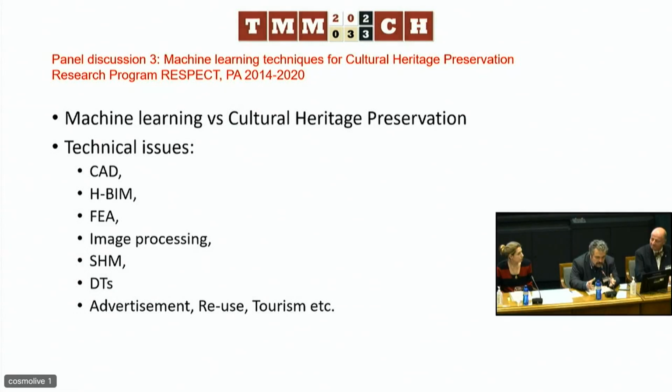We all know that it is the capturing of information, but how to choose from this information, for example, the very important historical or architectural details, or how to take them out in order to have a clean structural analysis model. These are questions which are very difficult to solve unless you do it manually. And at this point, we hope that machine learning will help us.